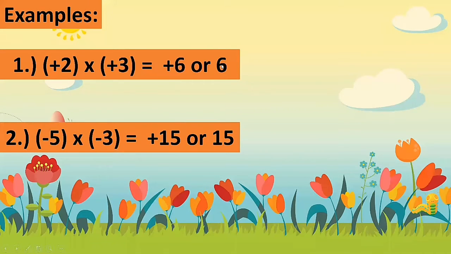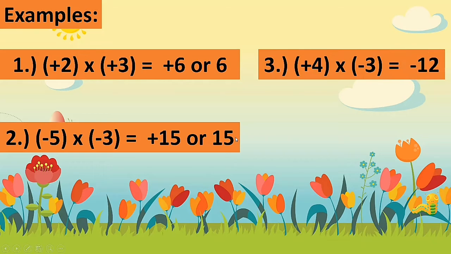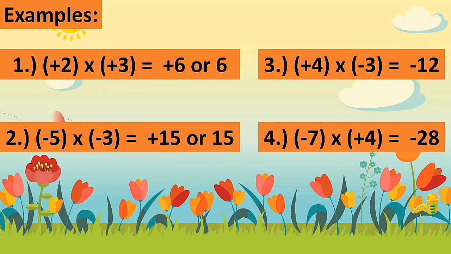Number 2, we have negative 5 times negative 3 is equal to positive 15, or you can just simply write 15. Number 3, positive 4 times negative 3 is equal to negative 12. And then the last, we have negative 7 times positive 4 is equal to negative 28.